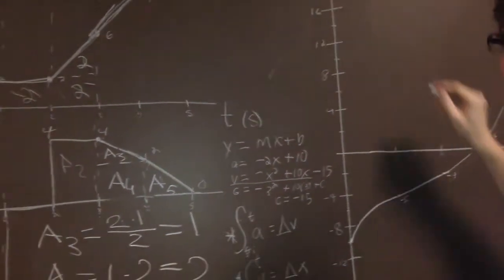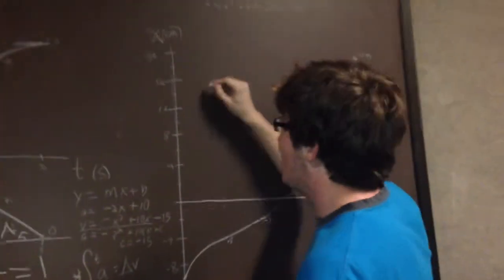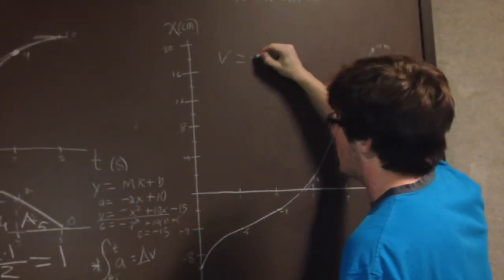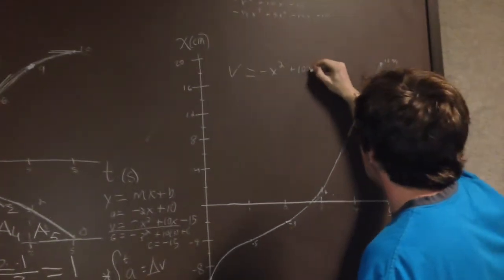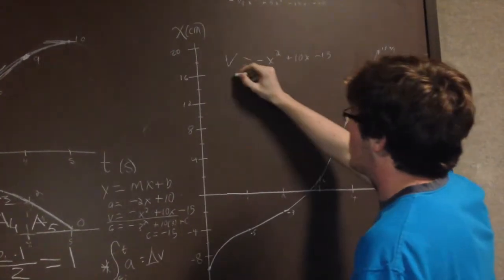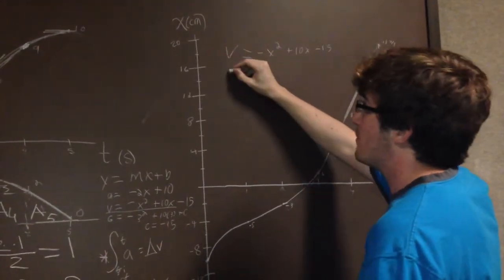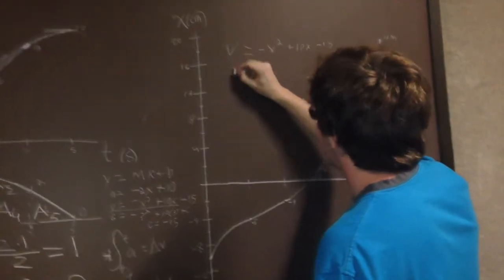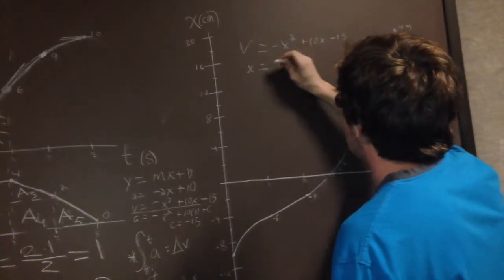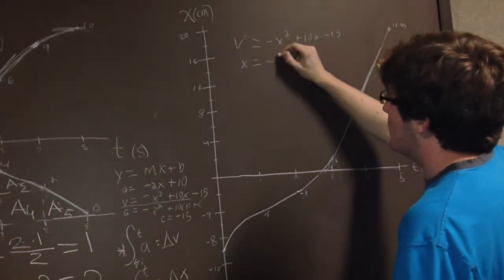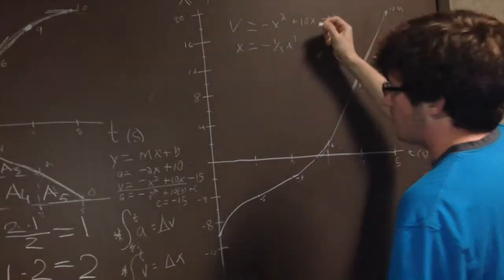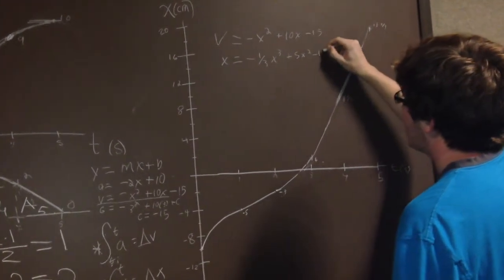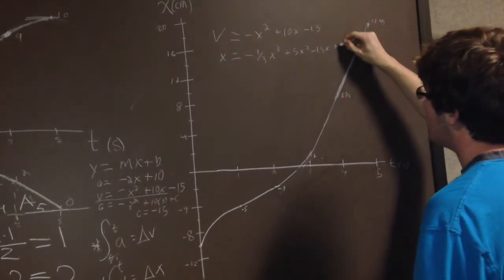Alright? So then we have to find the integral of our velocity. Here I will rewrite it on our position graph. So our velocity is negative x squared plus 10x minus 15. Then we find the integral of this to get position. So x is equal to negative 1/3 x cubed, because of integrals, plus 5x squared minus 15x, and then again plus c.